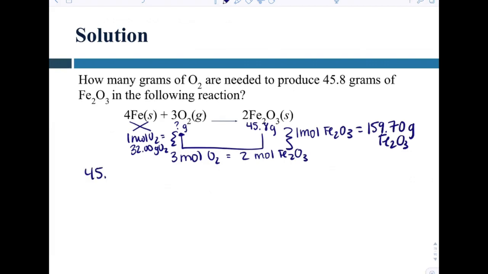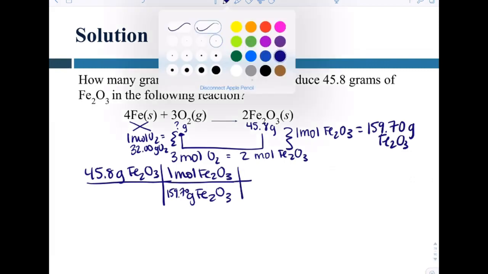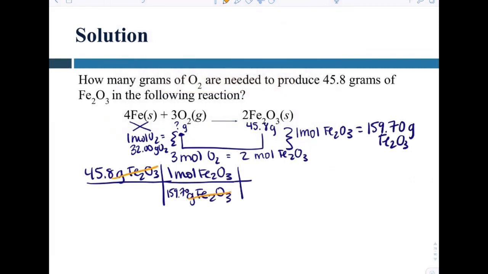We have 45.8 grams of iron 3 oxide. Grams of iron 3 oxide have to cancel. The number that goes with grams is 159.70. It is equal to 1 mole of iron 3 oxide. Grams cancel, left with moles of iron 3 oxide.